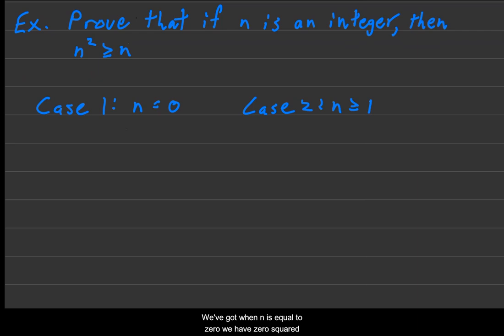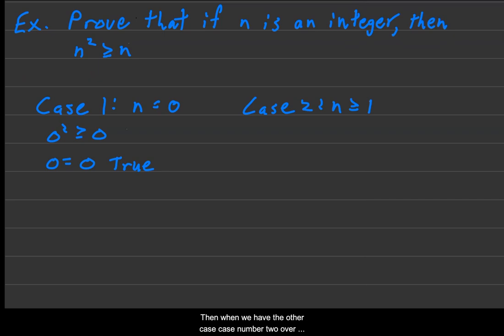When n is equal to 0, we have 0 squared is greater than or equal to 0. And in this case, 0 is actually equal to 0, so this is true.